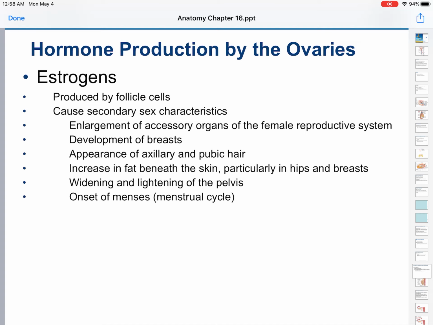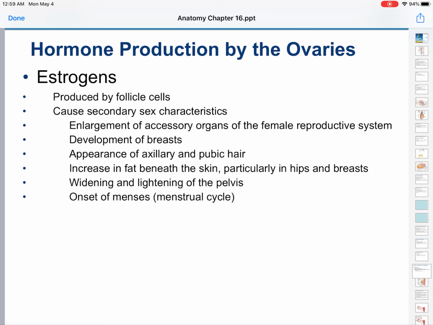As you increase these accessory organs, a little more fat will help maintain heat and water levels and allow a little more padding and protection for those, as well as increasing the fat around the breast area, which also helps in enlargement and development of the breasts.